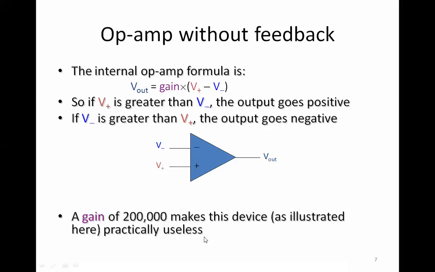You really do not need so much gain. If the difference of 5 and 3 is 2, then 2 into 2 lakhs means 4 lakh is the output. Of course, we are not going to use it anywhere, so we have to reduce this gain. To reduce the gain, we actually use feedback.